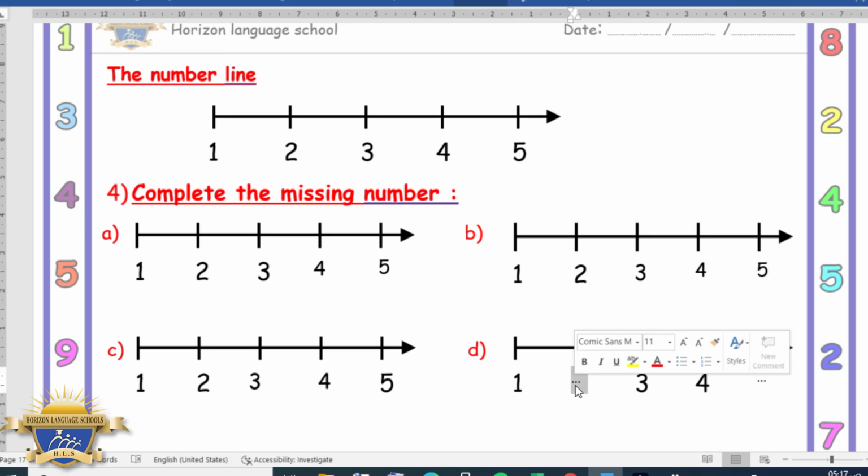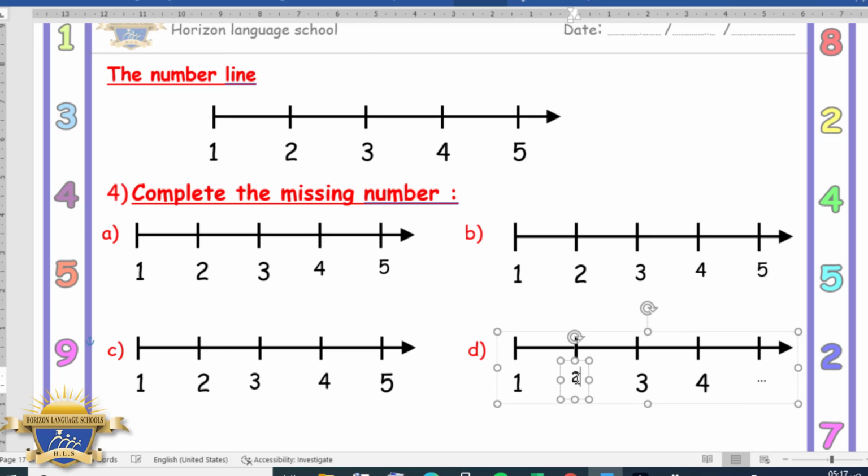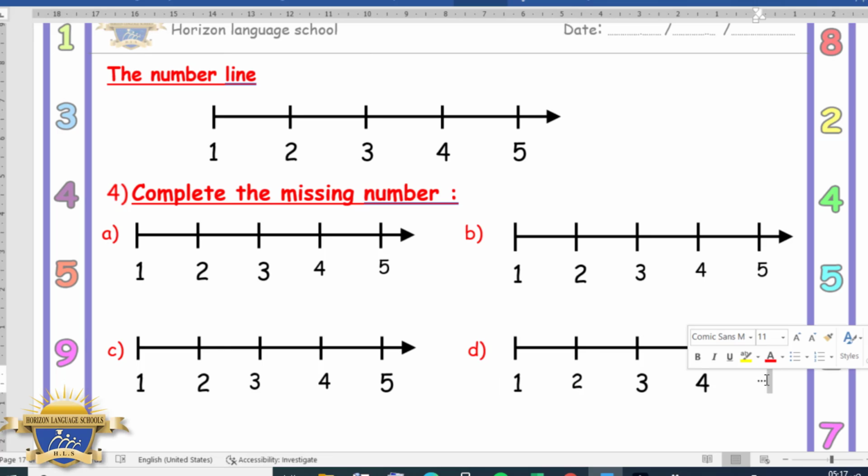The next one. 1, 2, 3, 4, and the last one is 5.